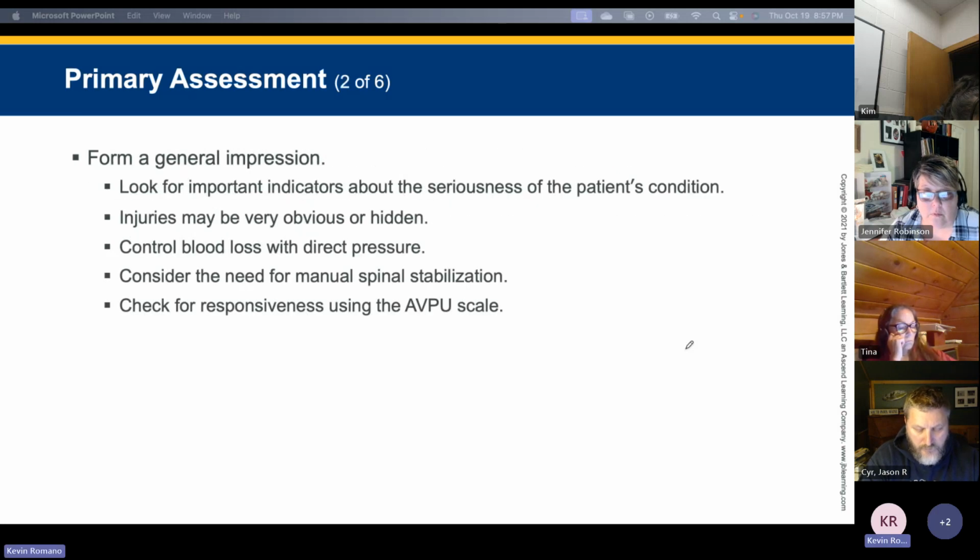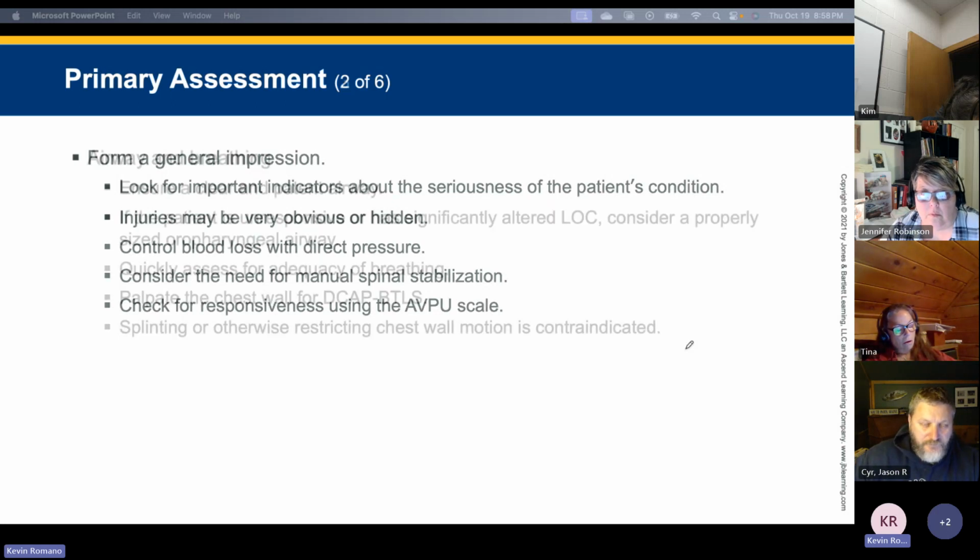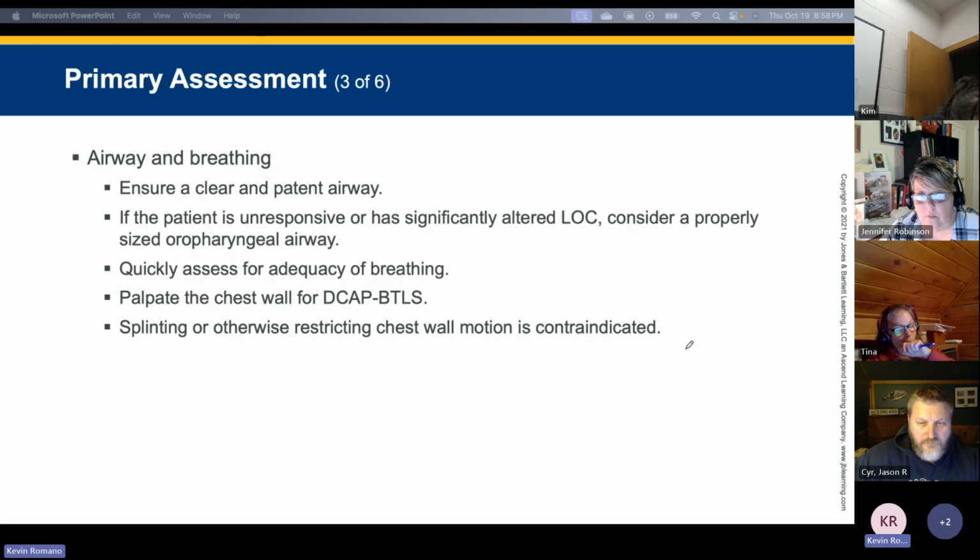Look for the general impression, sick or not sick. Look for indicators of seriousness of the patient's condition. Injuries to the face and throat may be very obvious, but may also be hidden by collars or hats, so you have to expose, you have to look. Control blood loss with direct pressure. Consider the need for manual stabilization and responsiveness using the AVPU scale. We're going to assess airway and breathing, ensure a clear patent airway.